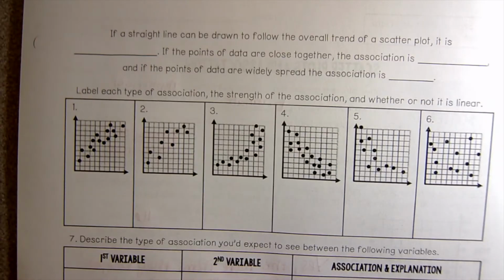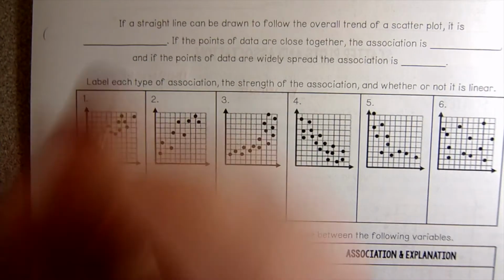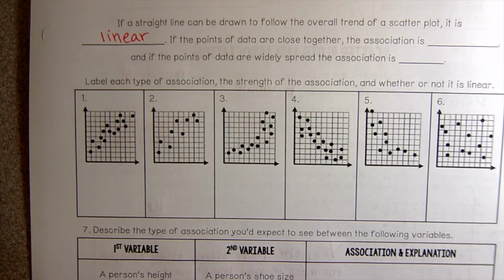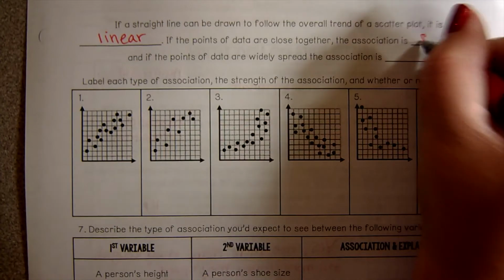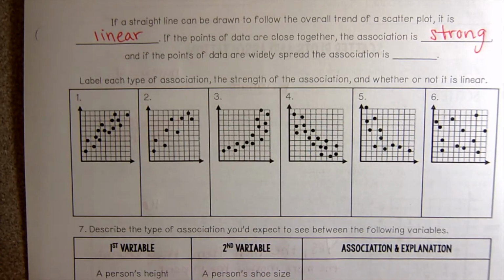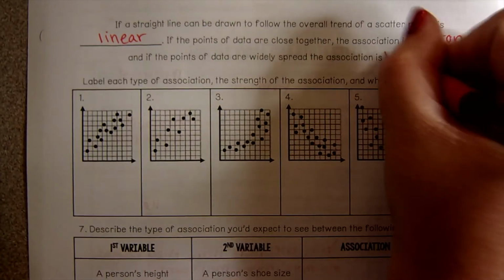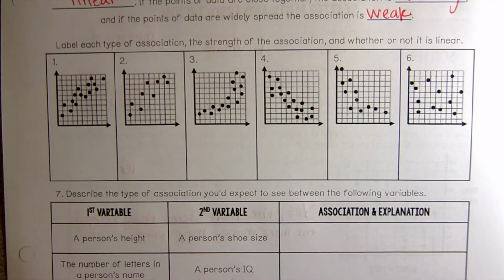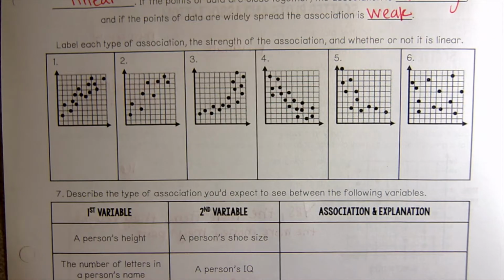If a straight line can be drawn to follow the overall trend of a scatter plot, it is linear. If the points of the data are close together, the association is strong. If the points are widely spread, then we say it is weak. So for each of these, we need to decide if they're positive, negative, or no association, if they're weak or strong, and if it's linear or non-linear.